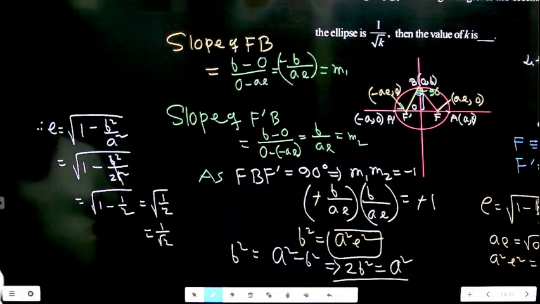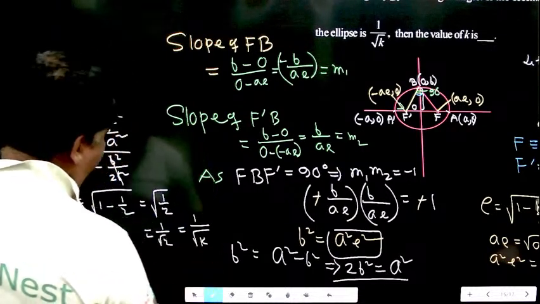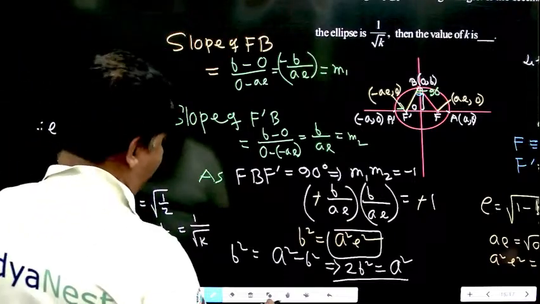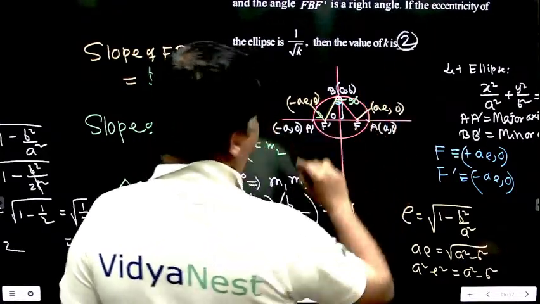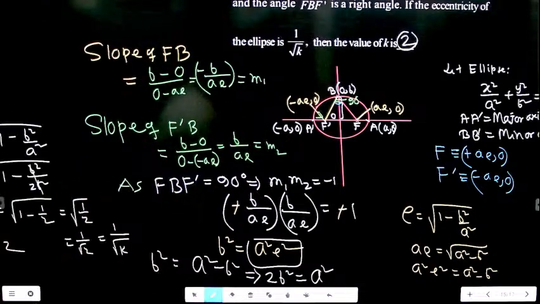That is given what? 1 by root k. Compare. k is equal to 2. So we have got k is equal to 2. Understood? Go through at a glance. Okay, sir. Is the sum clear? Clear, sir.